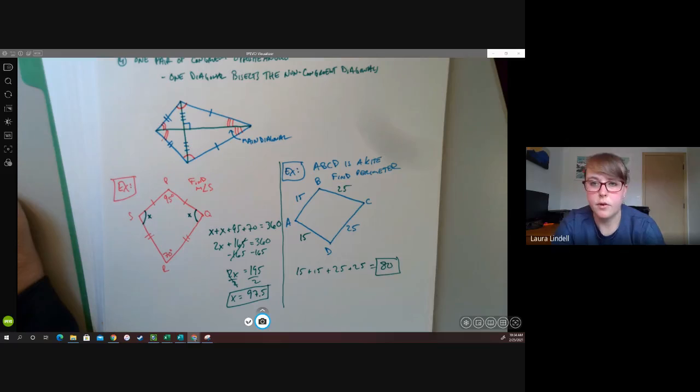Okay, so on a scale of 1 to 5, 1 being like I'm completely lost and don't know how to do any of these, 5 being like this is super duper easy, I could teach this to everybody, what are we feeling?